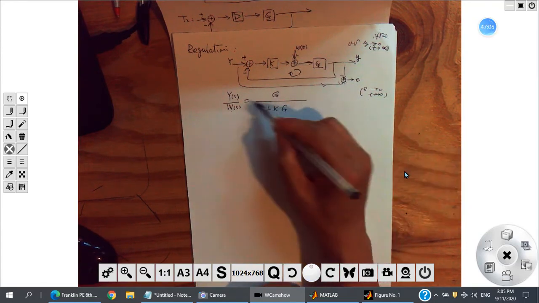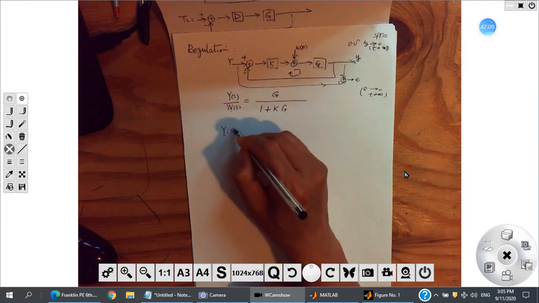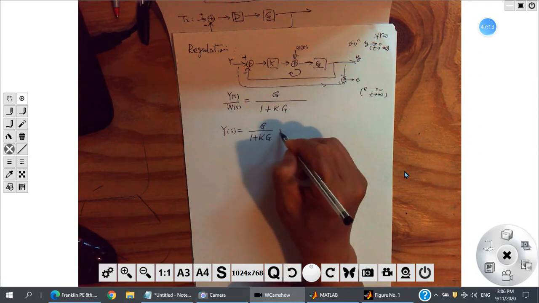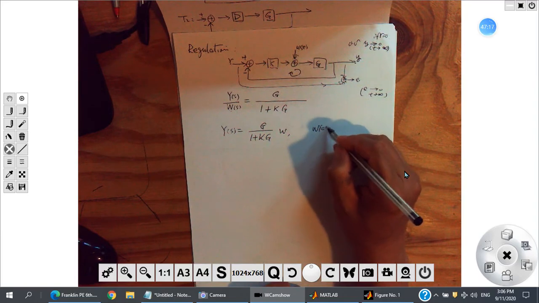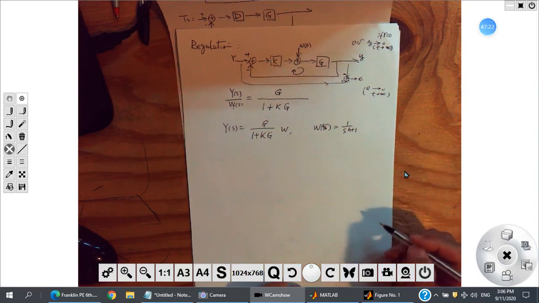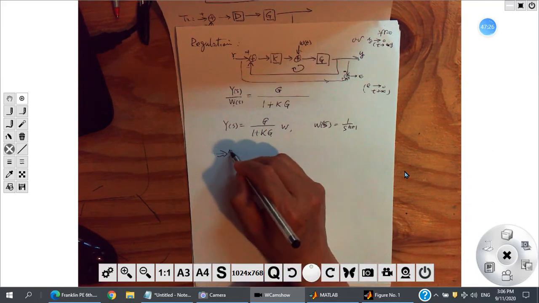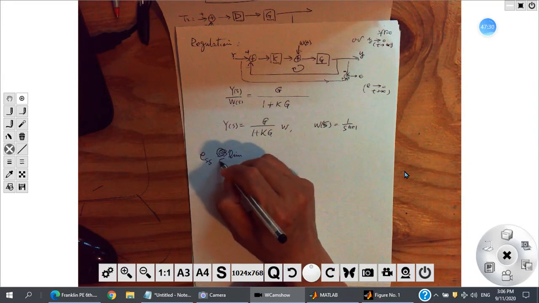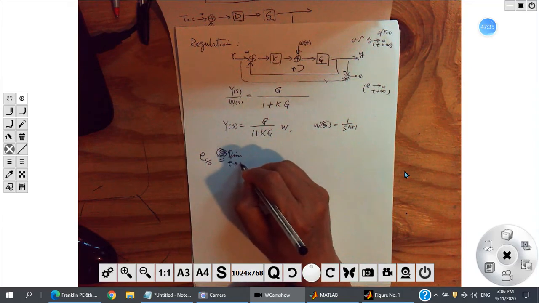Okay, I have Y over W is this, so Y will be G over 1 plus KG times W, where W of S is 1 over S to the K plus 1, I suppose. Then we want a limit. I say ESS, I still use this notation, E steady state, T to infinity.